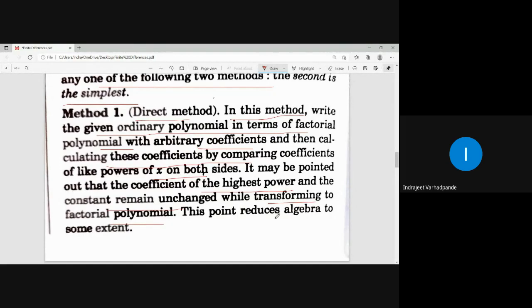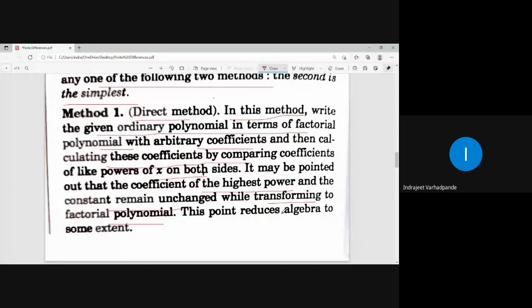This point reduces algebra to some extent, means it reduces the steps, right? So in the direct method, we express the given polynomial in factorial notation by equating the coefficients and adjusting the terms.